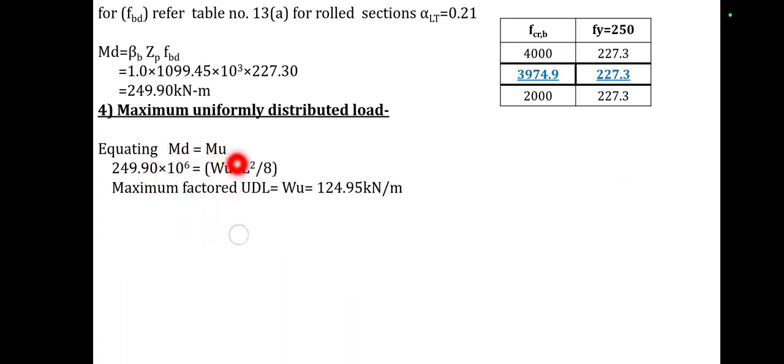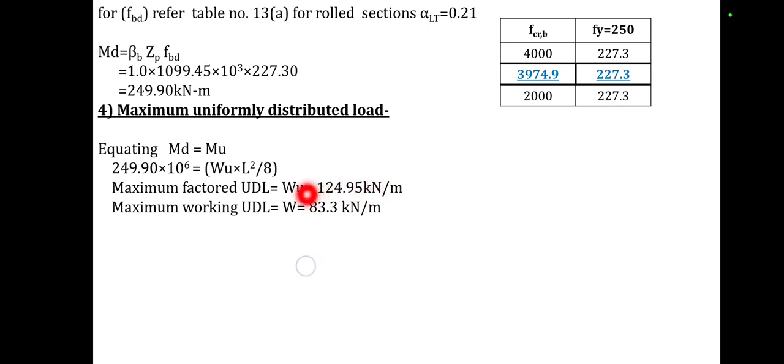Equating MD with MU, we know that the maximum bending moment for a UDL is equal to WU into L square upon 8. We equate these two values, and therefore our maximum UDL is 124.95 kilonewton per meter.